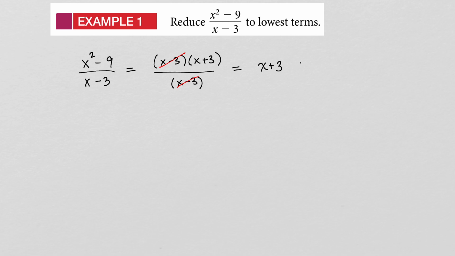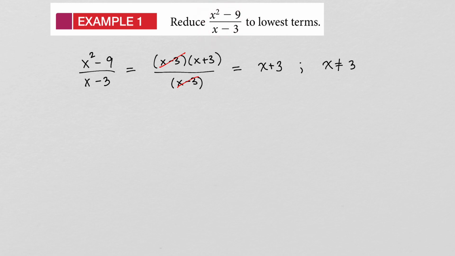Now, we need to mention something about restrictions. A lot of rational expressions will have restrictions. In other words, there are numbers that you cannot plug in because it makes the denominator equal to 0. So I think everyone would be able to see here that if I put the number 3 in here, 3 minus 3 would be 0. So 3 is not a number that we can plug into the original expression.